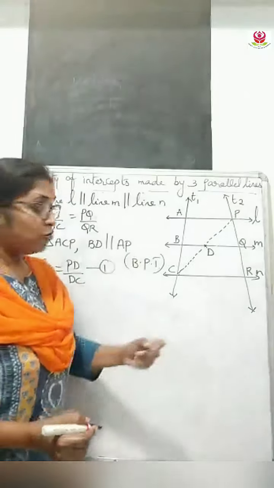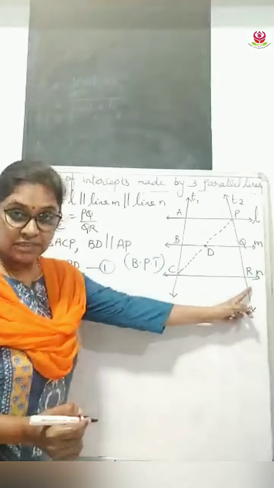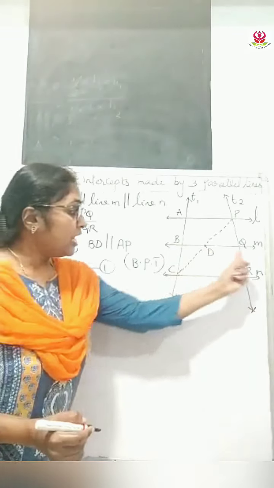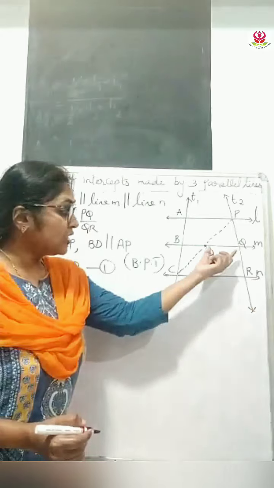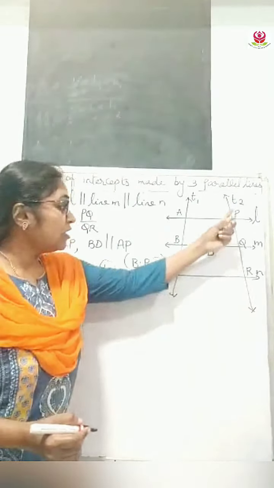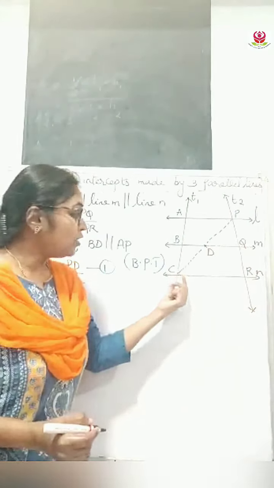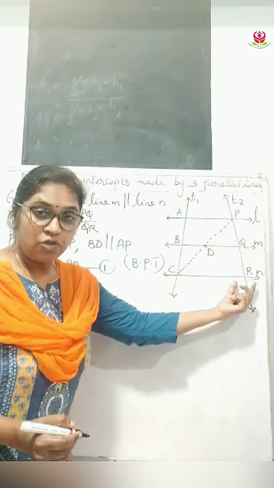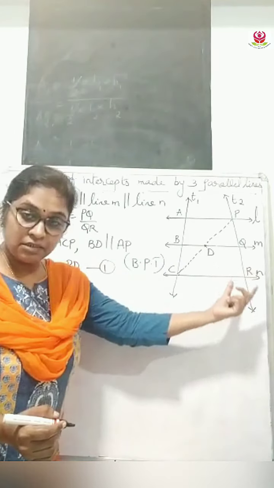Now next, observe triangle PCR. In triangle PCR, once again line M is parallel to line N, so you can consider DQ parallel to CR. So in triangle PCR, we have DQ parallel to one of the sides of the triangle, and once again we can apply the basic proportionality theorem.